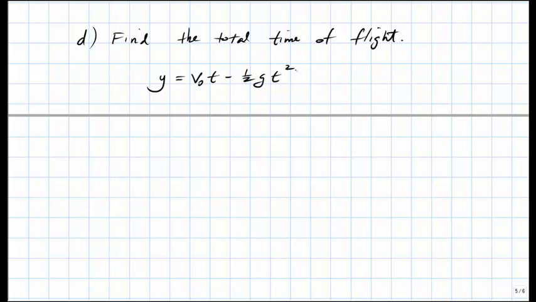Let's substitute what we know. We know that the y-coordinate of the ball just before it strikes the ground equals negative 75. The initial velocity was known to be 30. Of course, g just equals 9.8, times t squared.